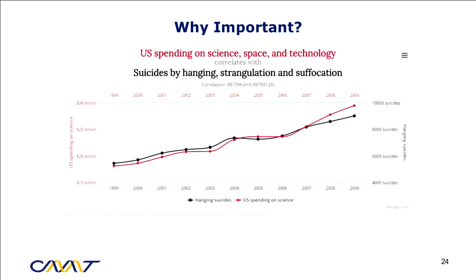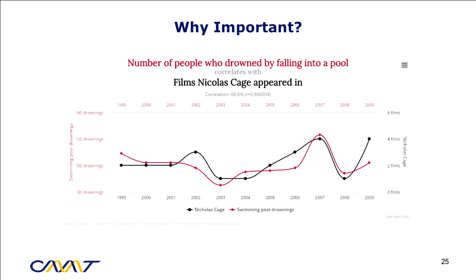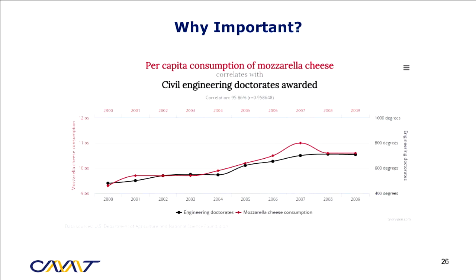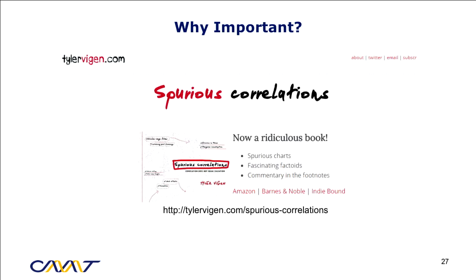For example, the amount that the US spent on science is related to suicide, or the number of people drowned is related to the number of films that Nicolas Cage appeared in, as well as how many PhD awards we get depending on how much cheese you eat. And you can find more important findings at this website.